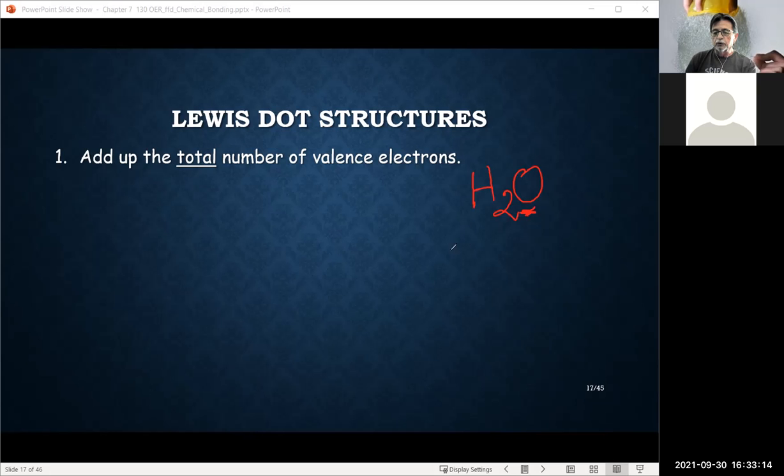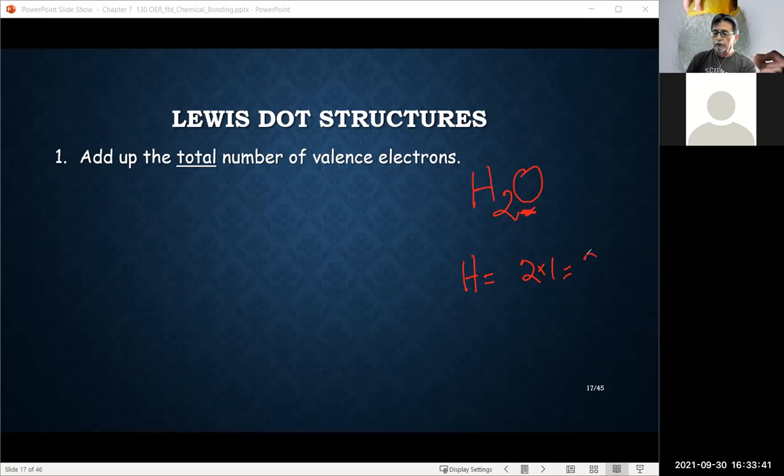So we add up the total number of valence electrons. We have to determine which atoms we have. Well, obviously we have hydrogen, okay? And there are two of them. They have one valence electron apiece, right? Because they are in group one.